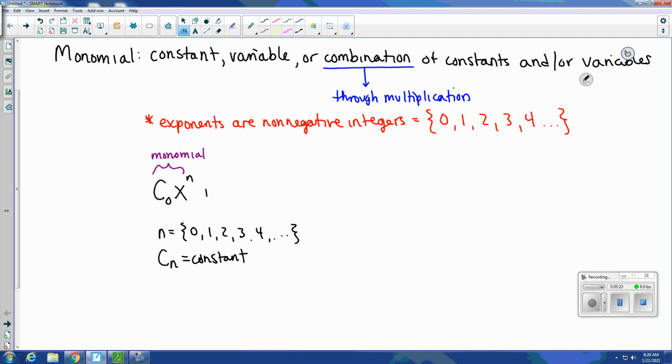If we add on to it another monomial term, so c sub 1, we'll say the next constant. And let's say we have our variable and the exponent decreases by 1. So it's not the same exponent. And the reason why I want a different exponent is because if they were the same exponent, then they would be considered like terms, and therefore I could combine them, and I would no longer have two individual monomials pieced together by addition, but rather back to a single monomial.